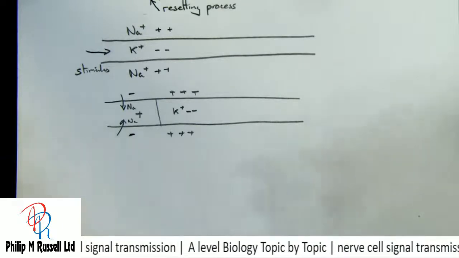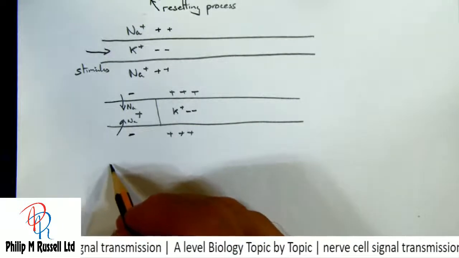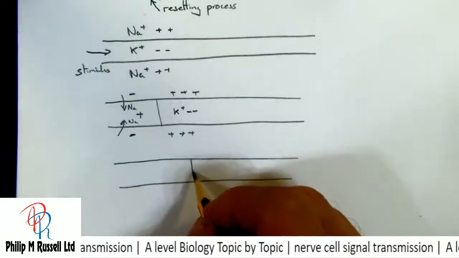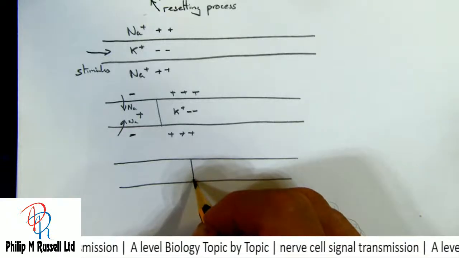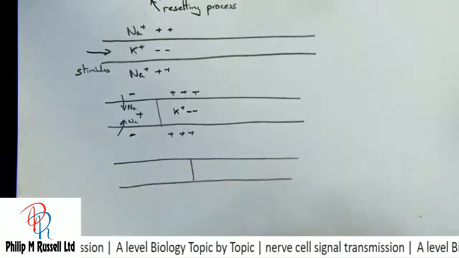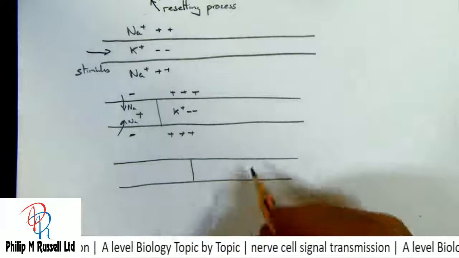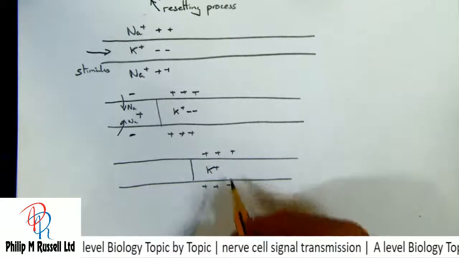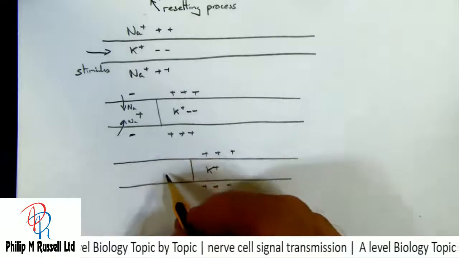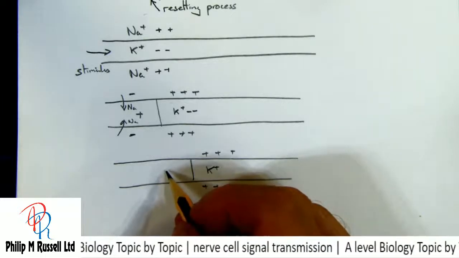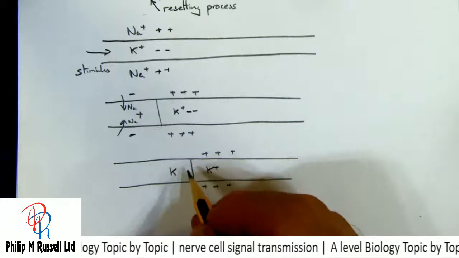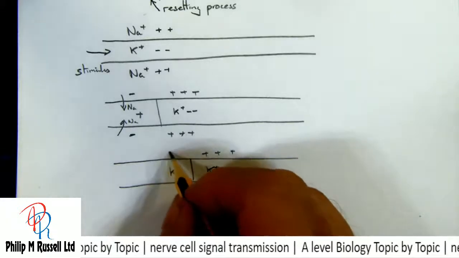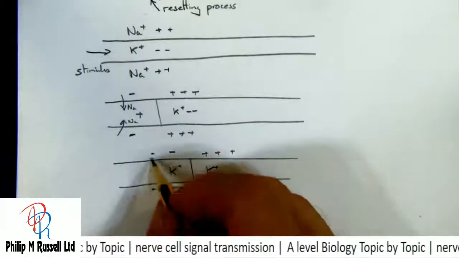Now this is going to move along, so that what we've got now is still this positive here. This part of the cell is still at a resting potential, but we've got this action potential here. We've still got quite a bit of potassium in here, and we've got this large negative outside.